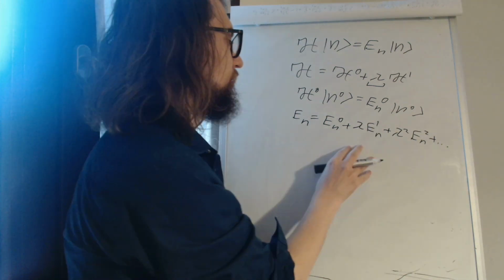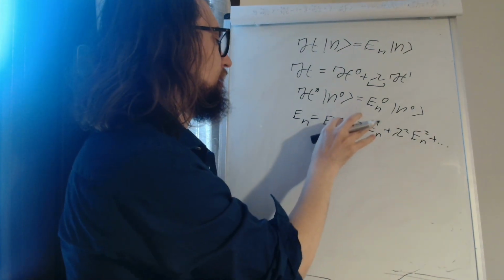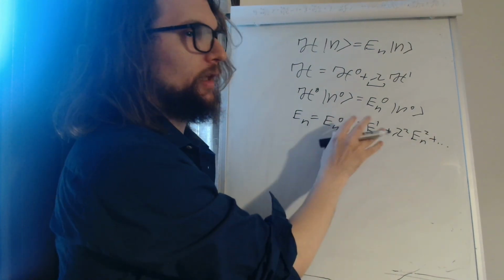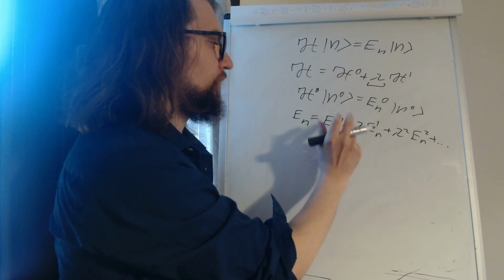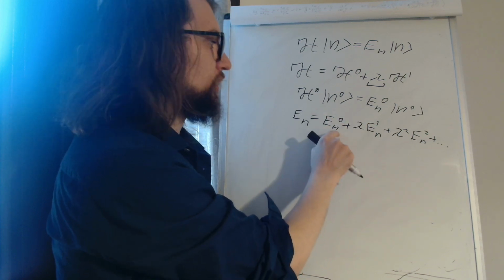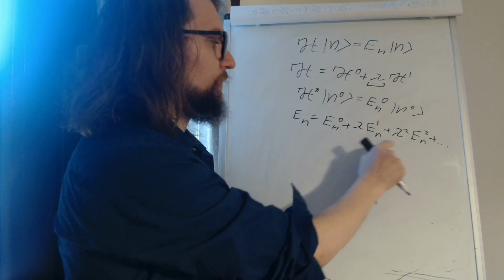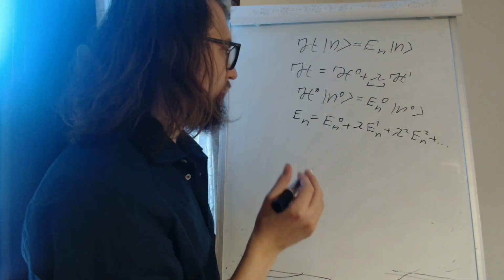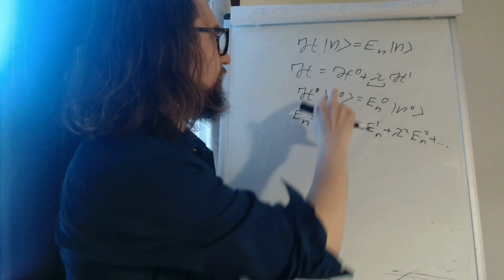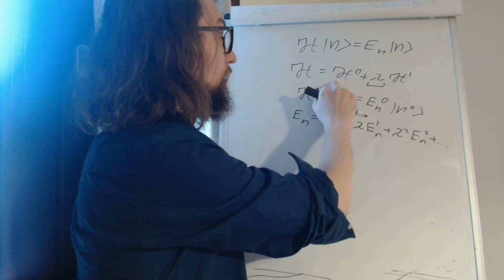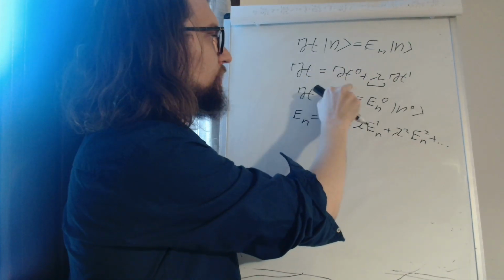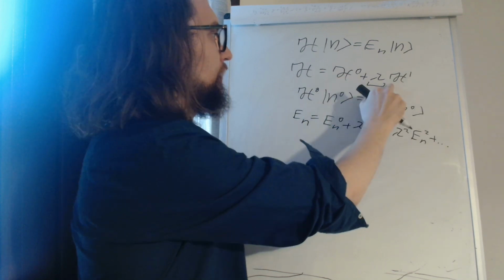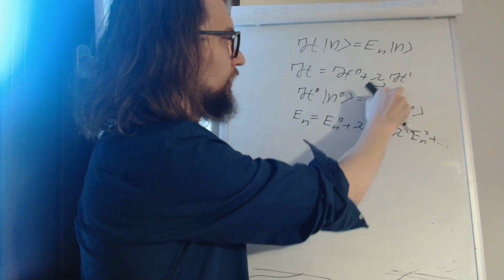So in this notation, the number up is the order of the term. So this is the zero order term, the first order term, the second order term, and this is a very useful notation. The same is for this: the unperturbed order 0 term, and this is the first order term.